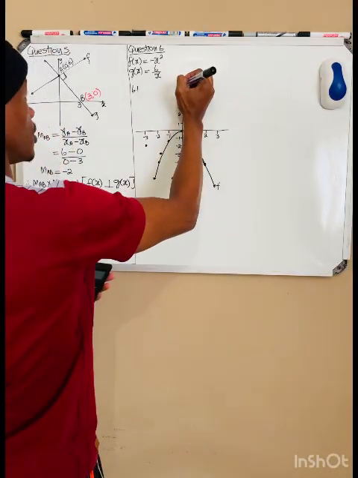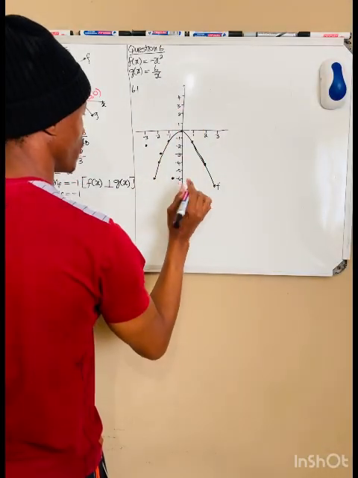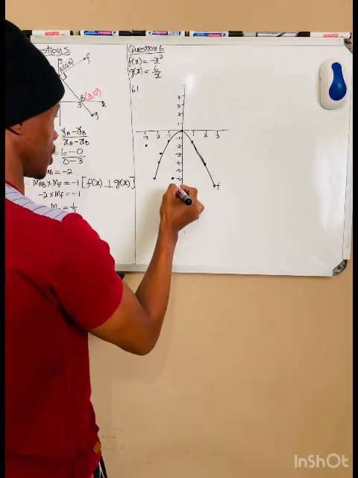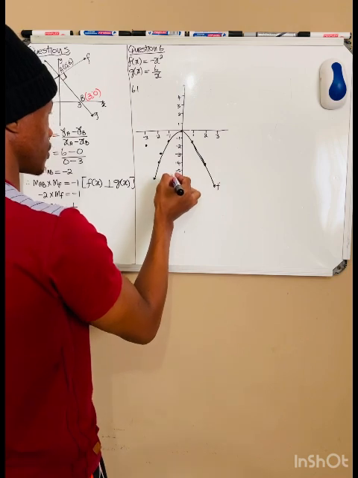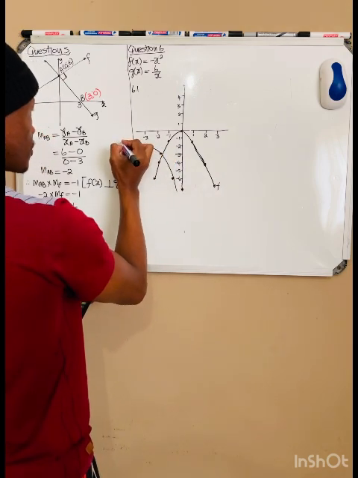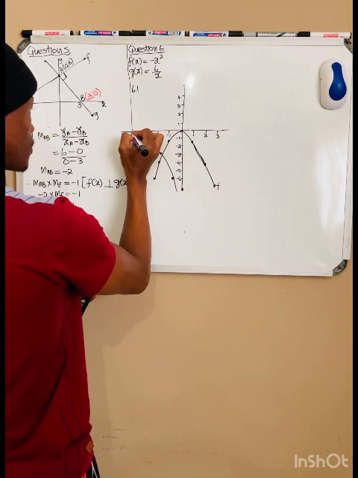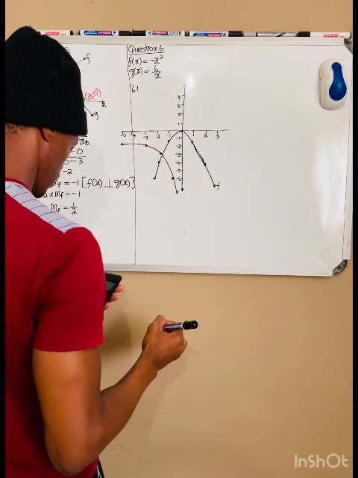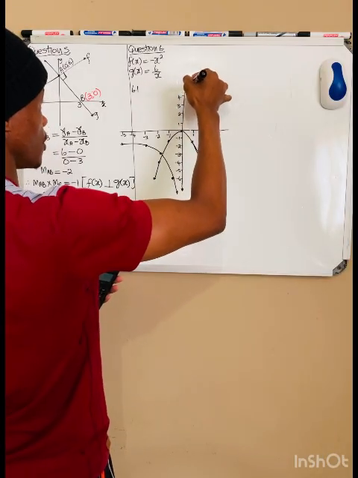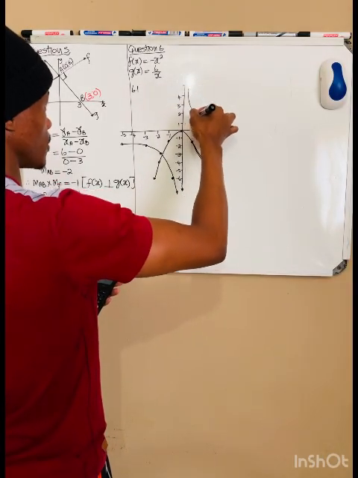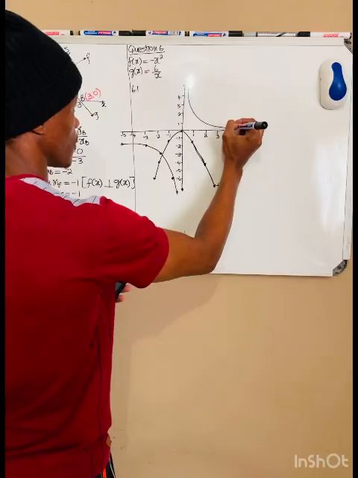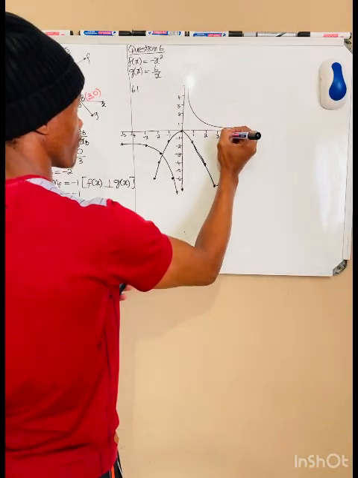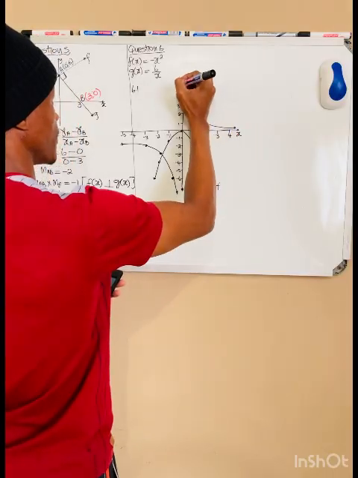Then it doesn't touch the y because the value of q is 0. And then the value of a is positive, so the graph is going to be something like this. And then the second one is going to be like this. This is x, this is y.